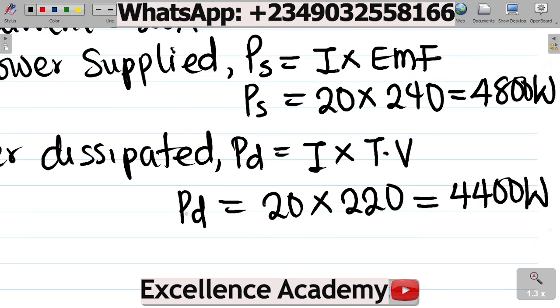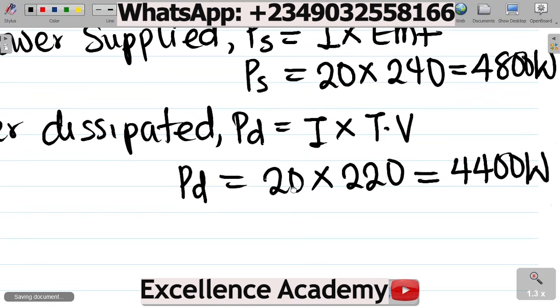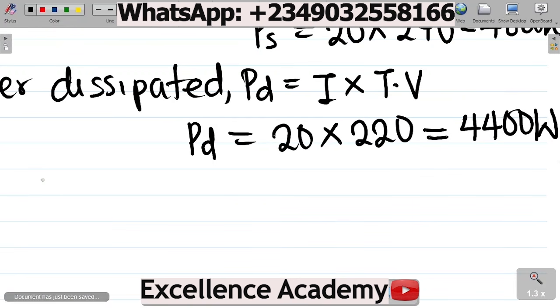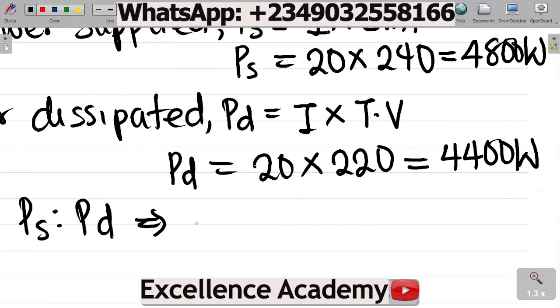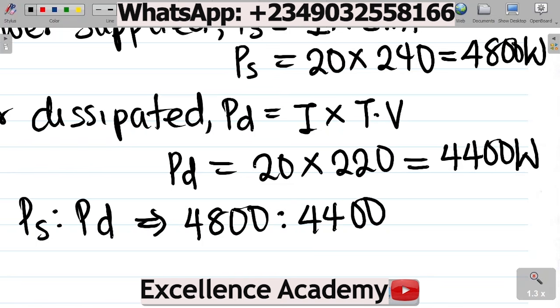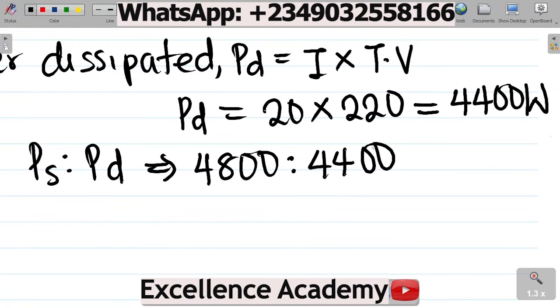In the question, we are asked to find the ratio of power supply to power dissipated. So power supplied is 4,800 is to power dissipated, 4,400. Break this to lowest terms. This cancels this, this cancels this.